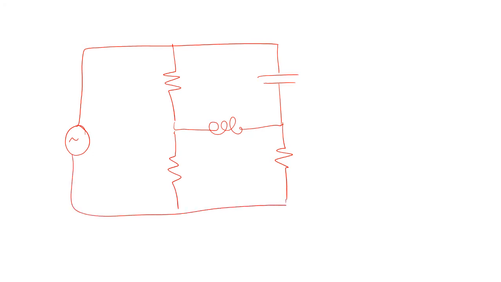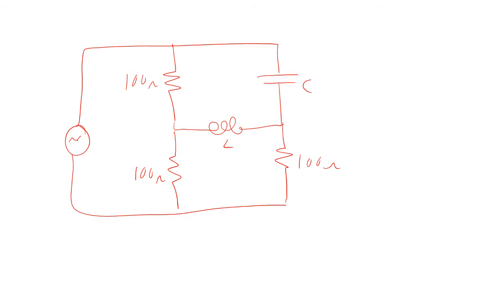Let's say this is 100 ohms, this one right here is 100 ohms, and this one over here is 100 ohms. That's an inductor, that's a capacitor. It doesn't really matter what the inductor and capacitor are, as long as they're something reasonable, not super high or super low. If they're super high or super low, what I'm about to say doesn't hold as readily.